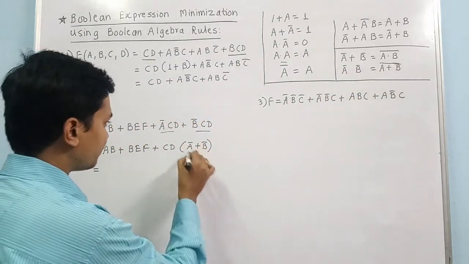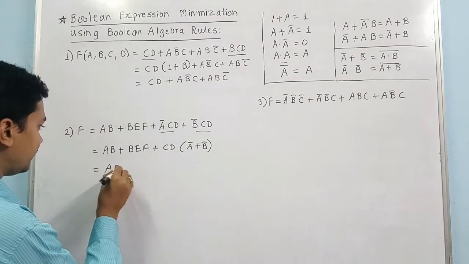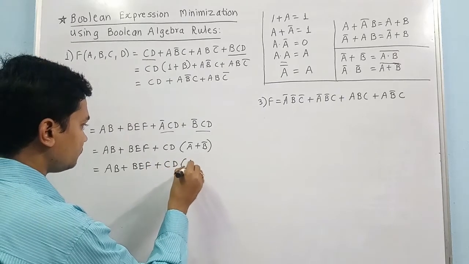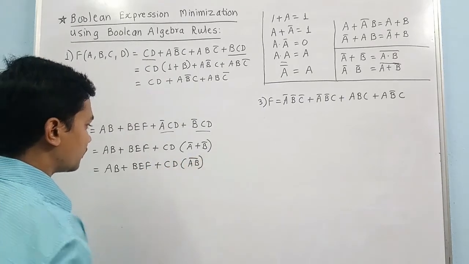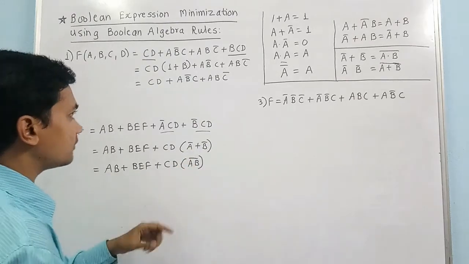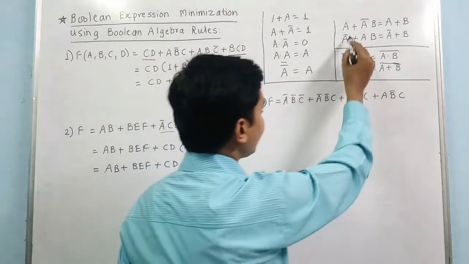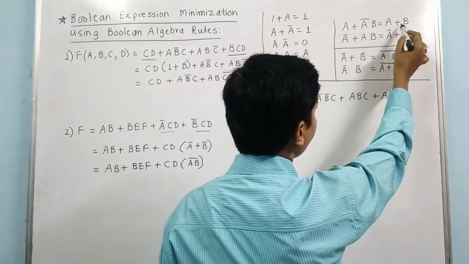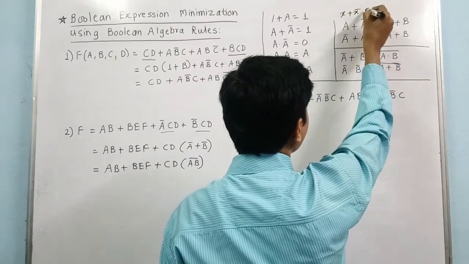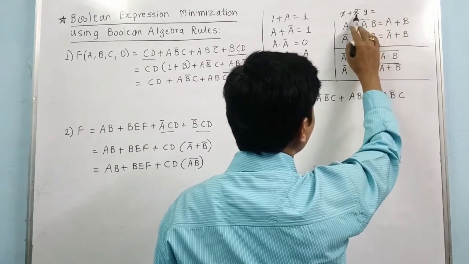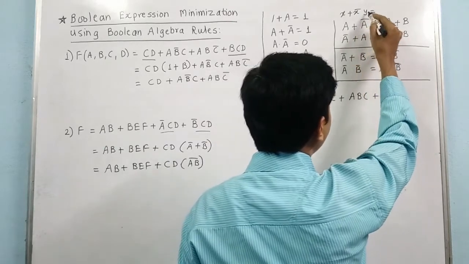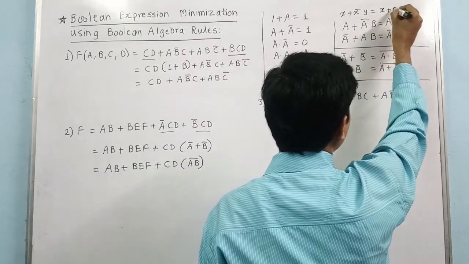Here I want to convert it, so the expression becomes AB plus BEF plus CD into AB whole bar. Why did I convert it into AB whole bar? Because the next rule is A plus A bar B is equal to A plus B. In short, suppose I write x plus x bar y, then the complemented variable multiplied with another variable is discarded, and only the other variable remains: x plus y.